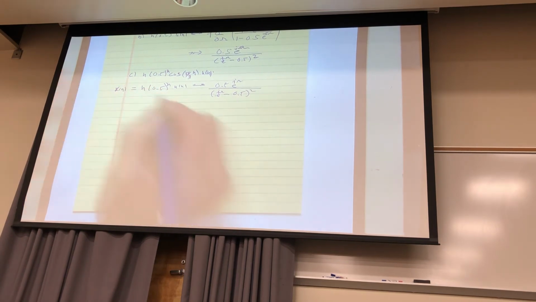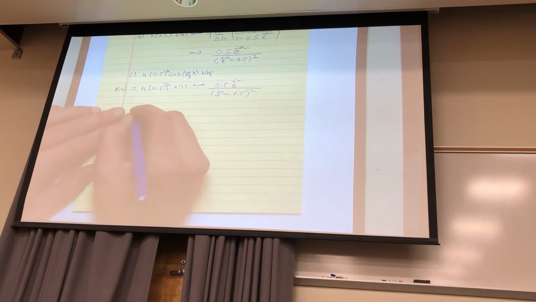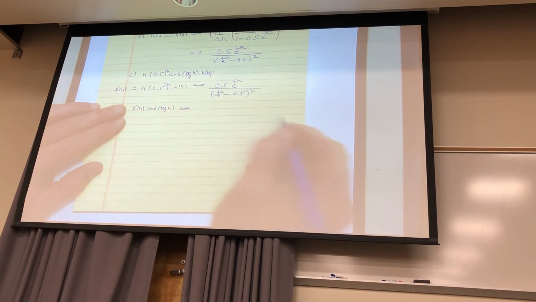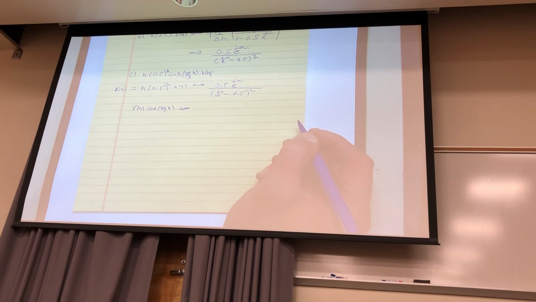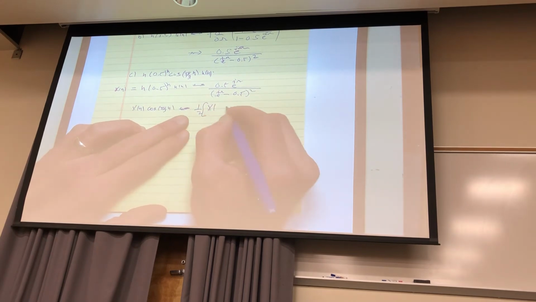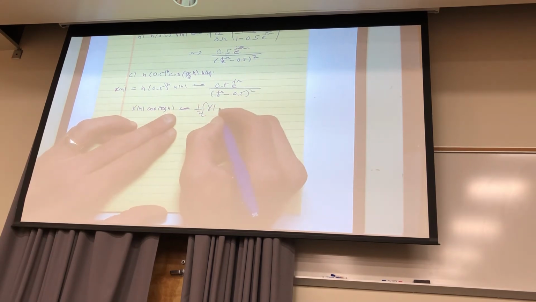So that looks like my x of n. Now I have the form x of n times cosine of pi over 3n, and that's modulation. That's the one I'm going to use. I can do them all if you want. So now I'm going to have 1/2, and then the form is x of, in this case, omega plus omega naught, which is pi over 3, right?